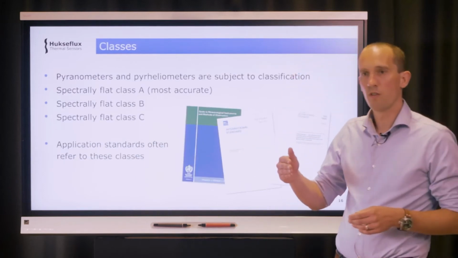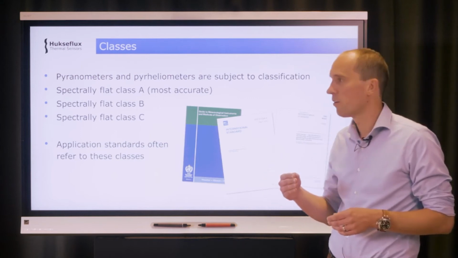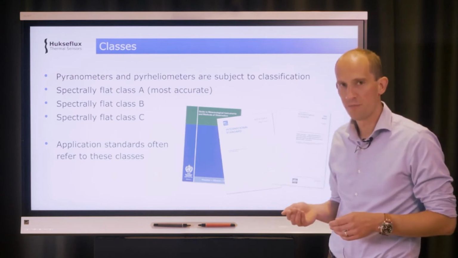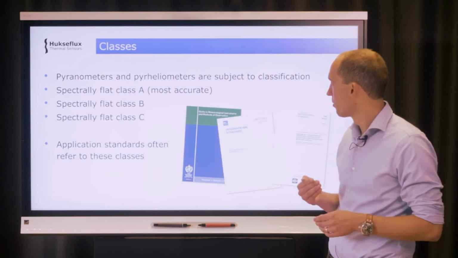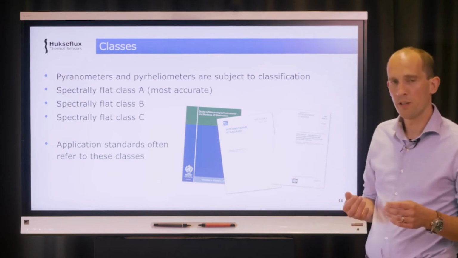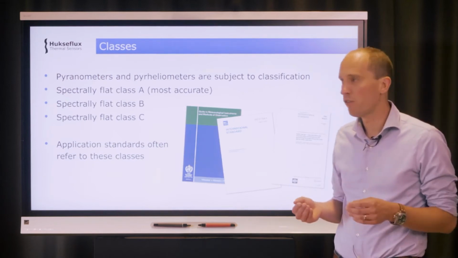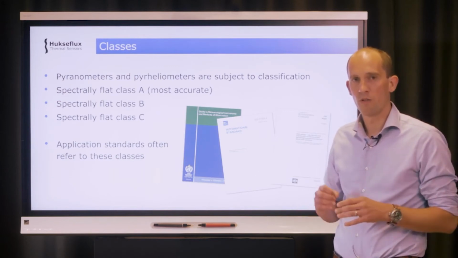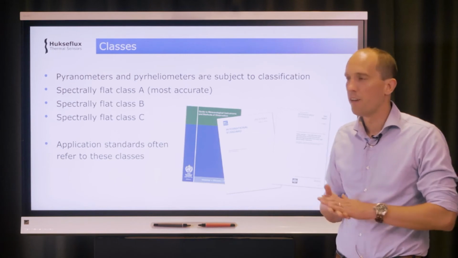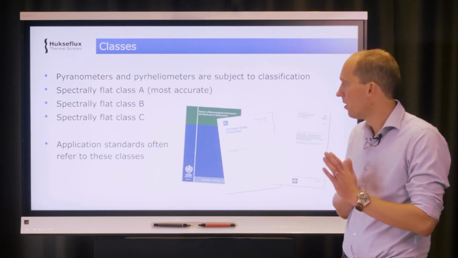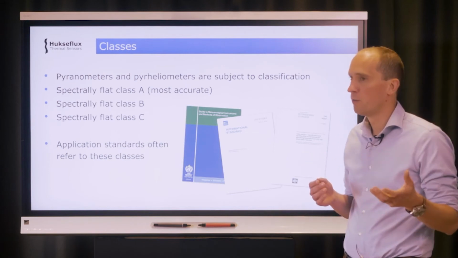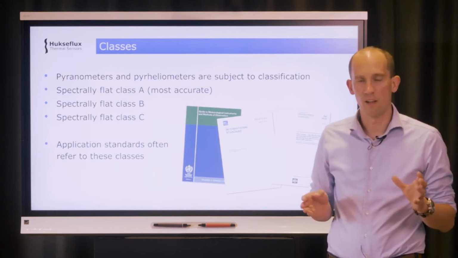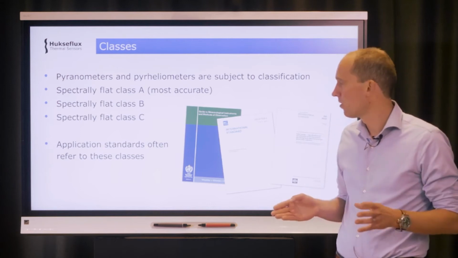Okay, so if you know which instrument you need, the next thing you have to consider is classification. Pyranometers and pyrheliometers are subject to something called classification, which means that all instruments come with a certain class. For example, a pyranometer will be spectrally flat class A. And this term actually means something.